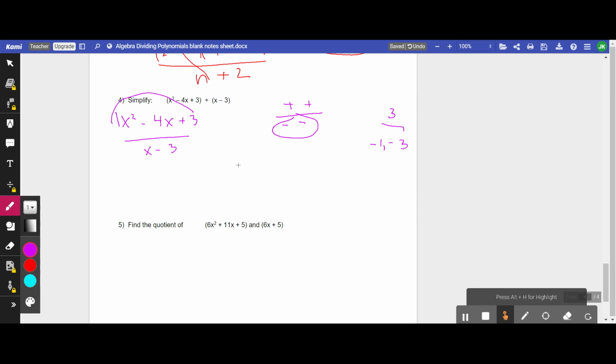So you know one of your final factors will be x minus 1, and then your other will be x minus 3. So that's up top, and then your x minus 3 is still on the bottom there. And then these will cancel with each other. So your answer in the end be x minus 1.